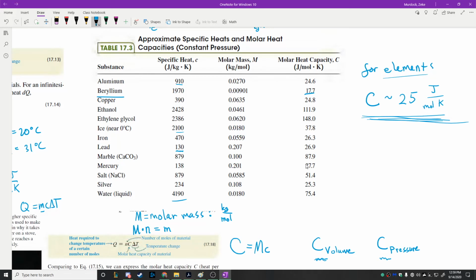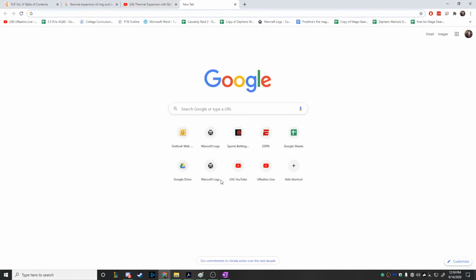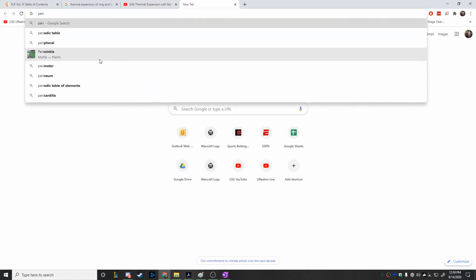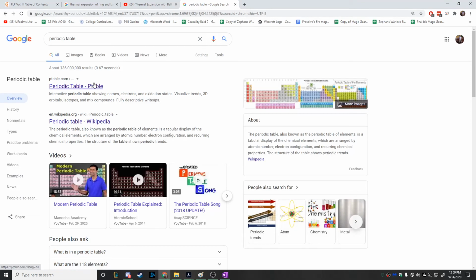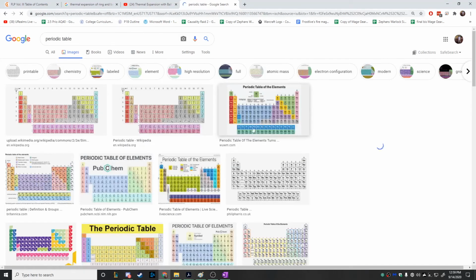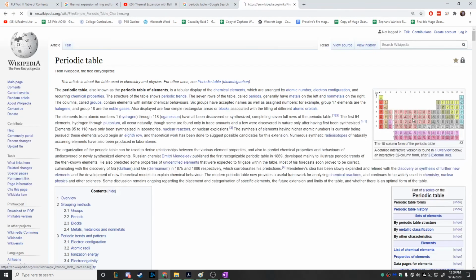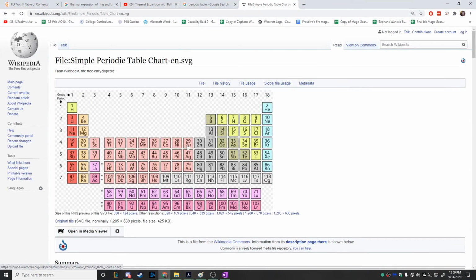Is copper... I'd have to pull out a periodic table. Maybe someone can. How are copper and aluminum related on the periodic table? Pull up the periodic table. So copper's 29.